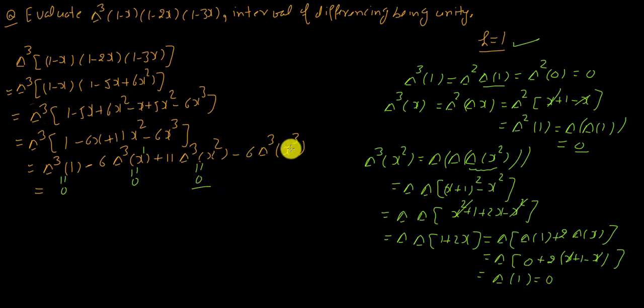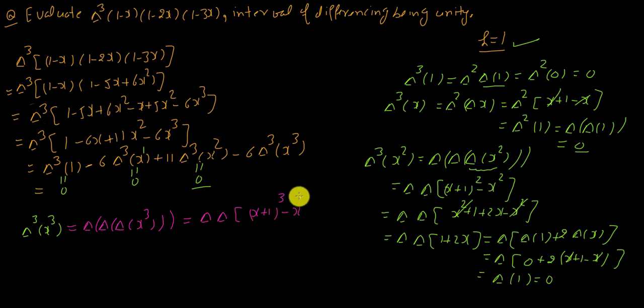Now finally we are going to calculate delta cube x cube. What will we do, delta square, here is x cube. Fine. So what you will do, you will write delta square delta x cube, now it can be written as x plus 1 cube minus x cube. Fine. So this thing is further equal to delta square.